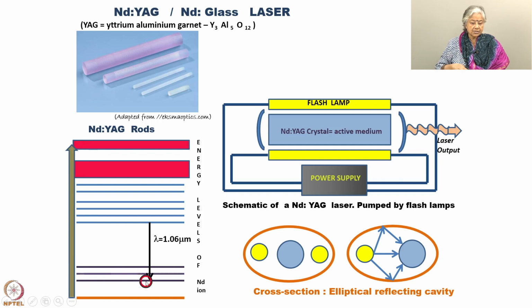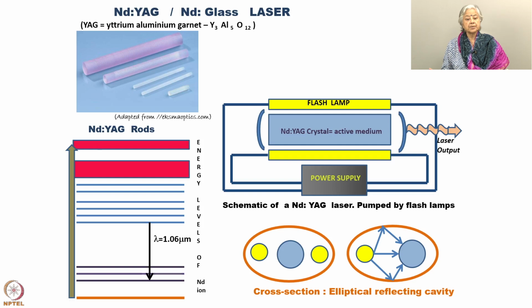I have just shown that this brown colored line is the ground level, and from here the excitation takes place, because these bands of the Nd:YAG rod absorb the light that is coming out from the flash lamp, and take the ions to higher energy bands.